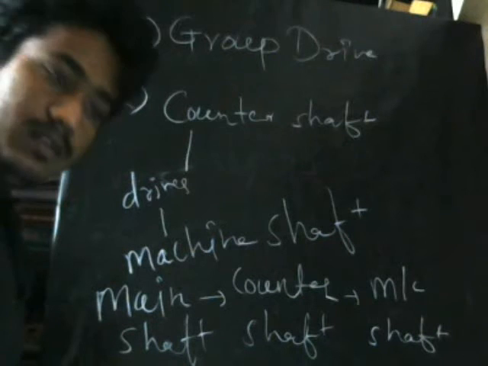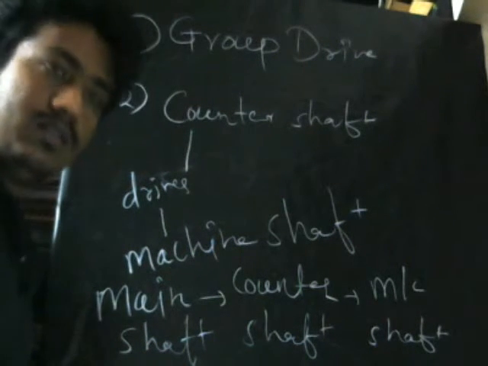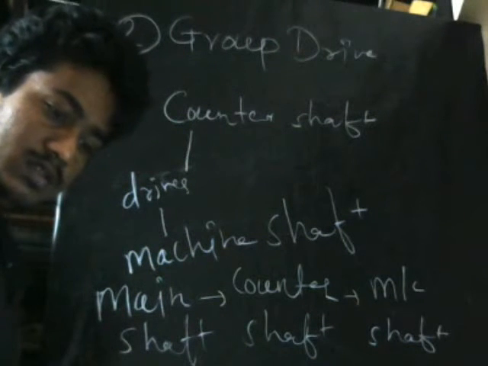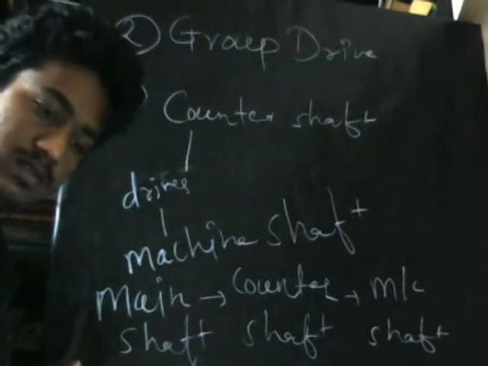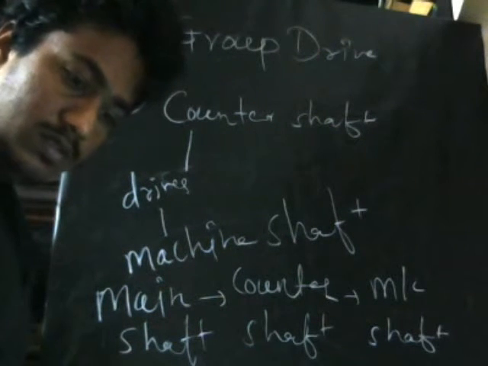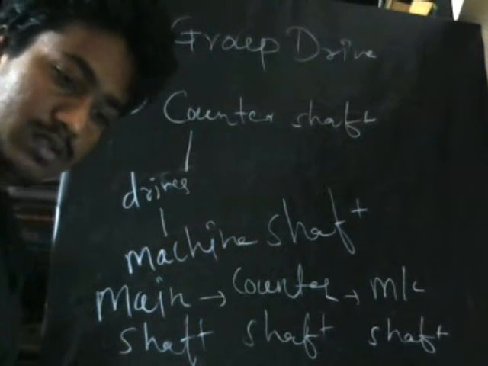Now for starting and stopping the machine spindle, where we do operations, that spindle is very fast, so it can use loose pulleys that are provided on the counter shaft.